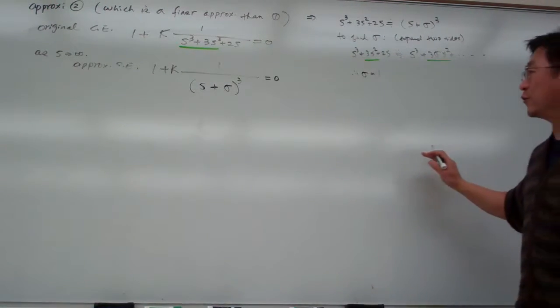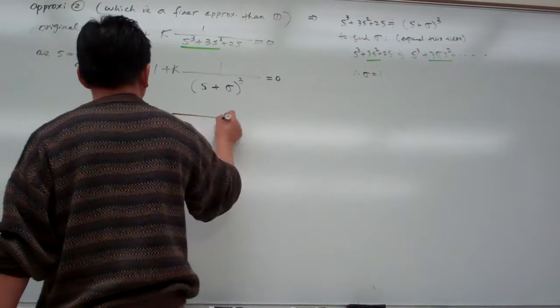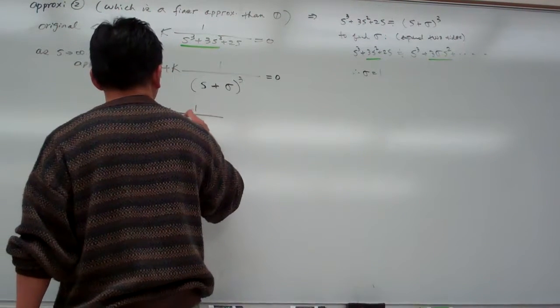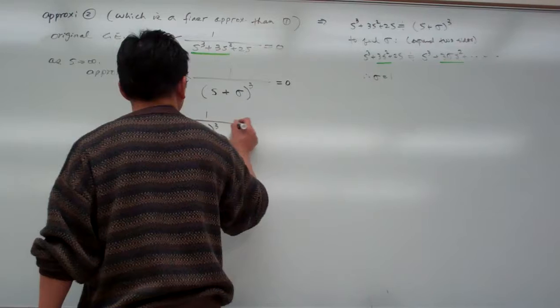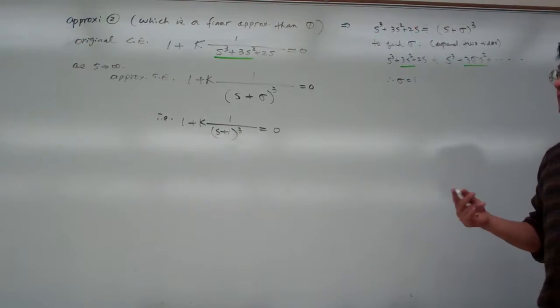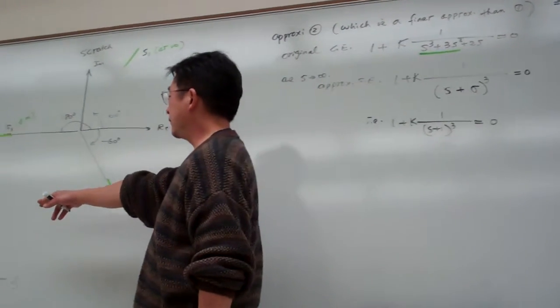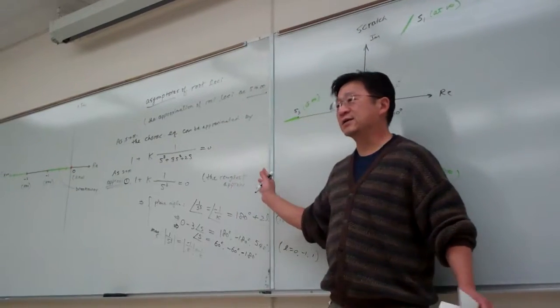And that is the standard approximation here. This approximation will provide us a better approximation than the first one. And again, people may argue, why not just use the first one and that's it.